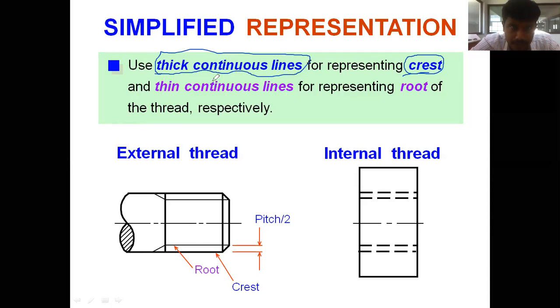You can see over here, this one will be represented with a thick line, which is the outside crest for the external thread. Next, inside, we have these lines.